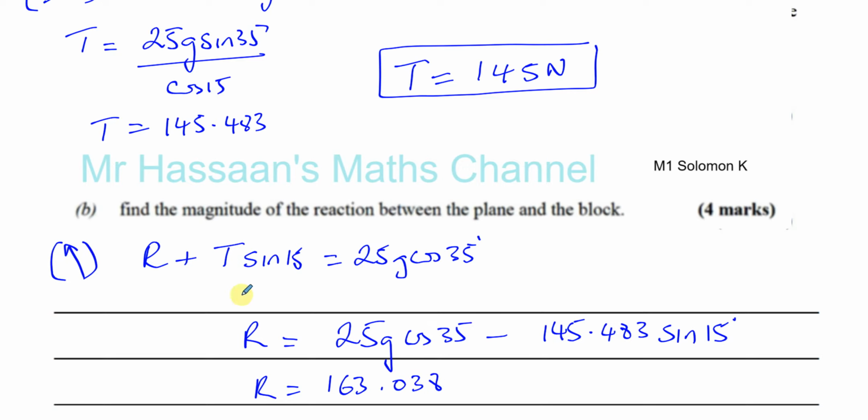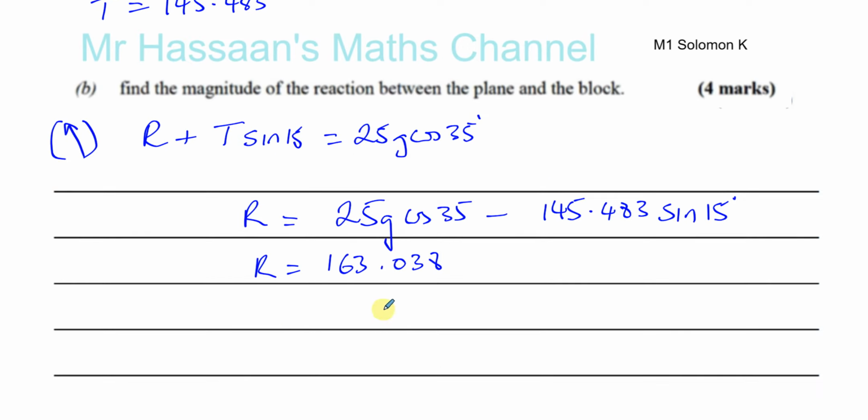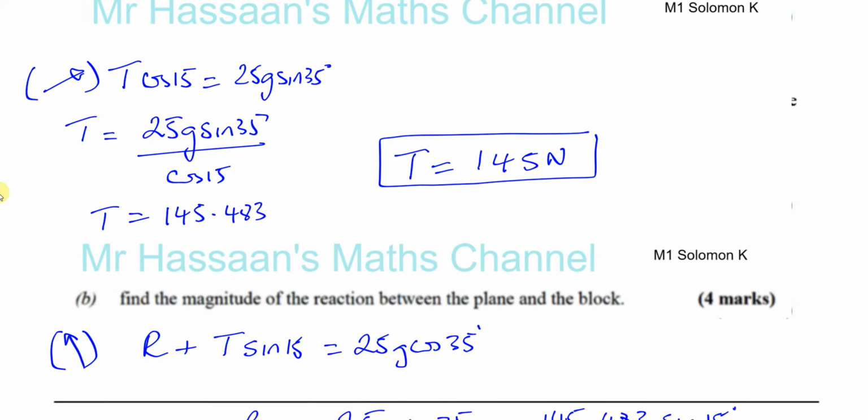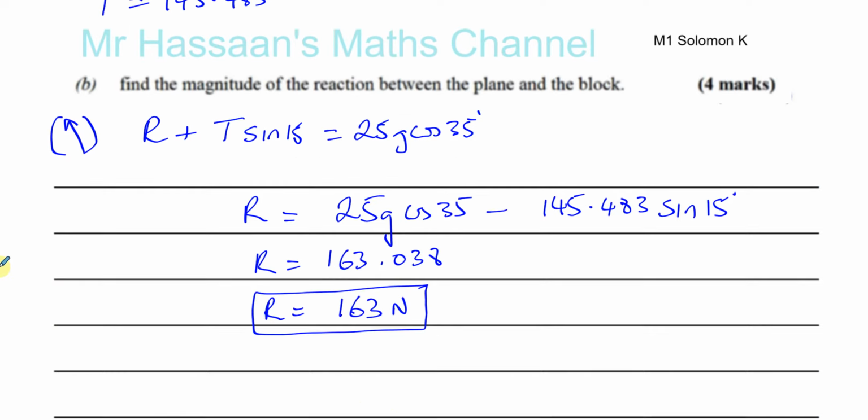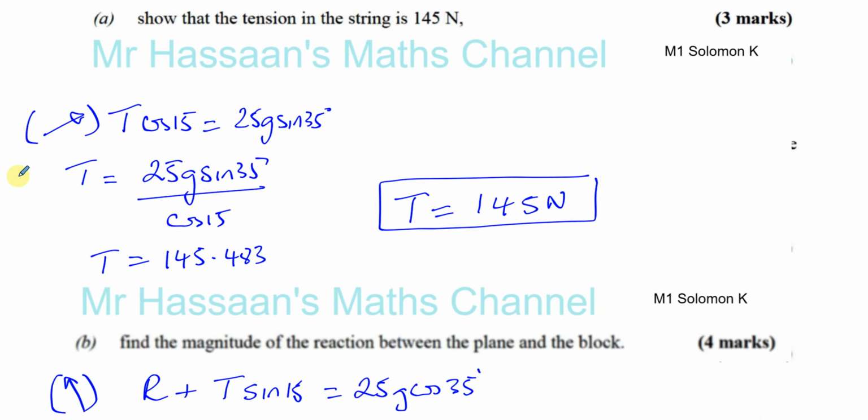So we can say that the reaction force to 3SF, as they ask us to write it, is equal to 163 newtons. So that's the answer for part B. Find the magnitude of the reaction between the plane and the block. That's right. Okay, so now to part C.